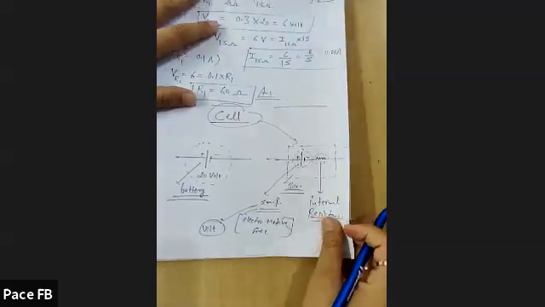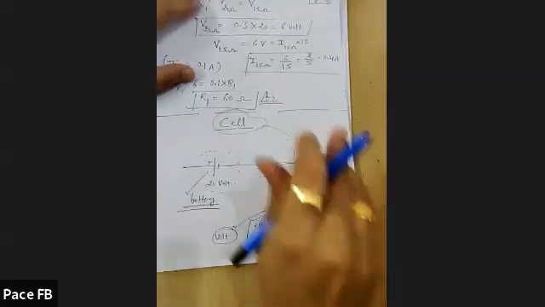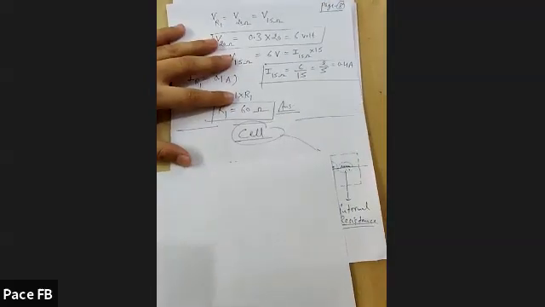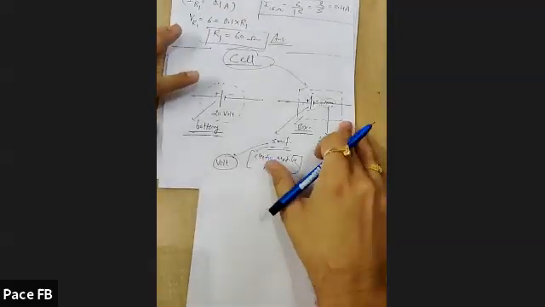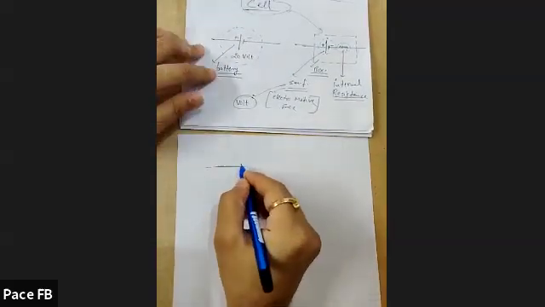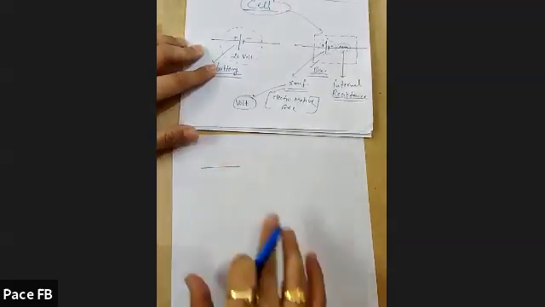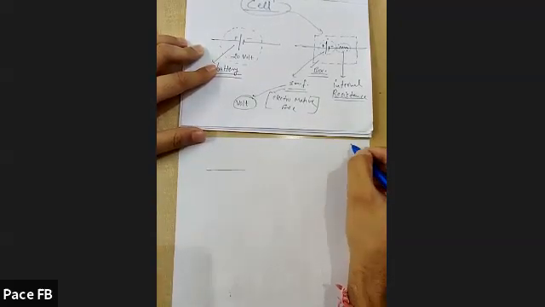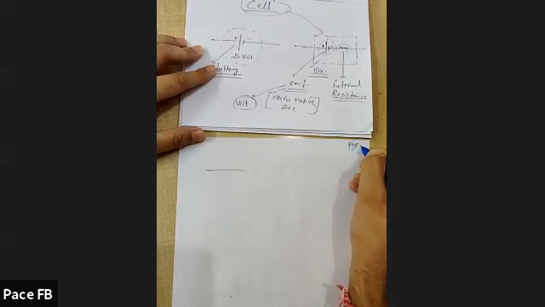Now if cells are connected, let's say if multiple cells are connected, so a cell is like this. Sometimes in the question it would be given that internal resistance is 0.